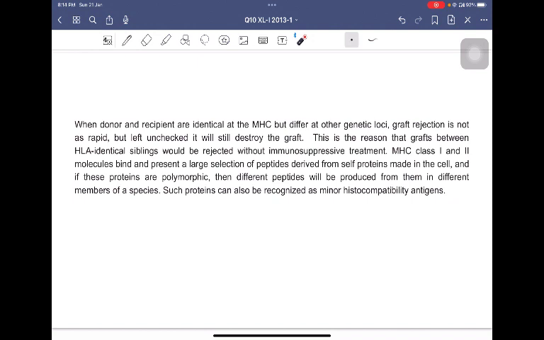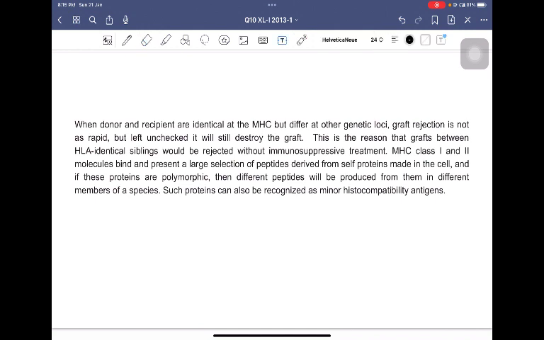So in addition to the major histocompatibility complex, there are also minor histocompatibility antigens, which also differ between different individuals because they are polymorphic. So even if the donor and the recipient match at their MHC, there are other antigens like the minor histocompatibility antigens that will also generate an immune response. So the graft rejection will occur ultimately.